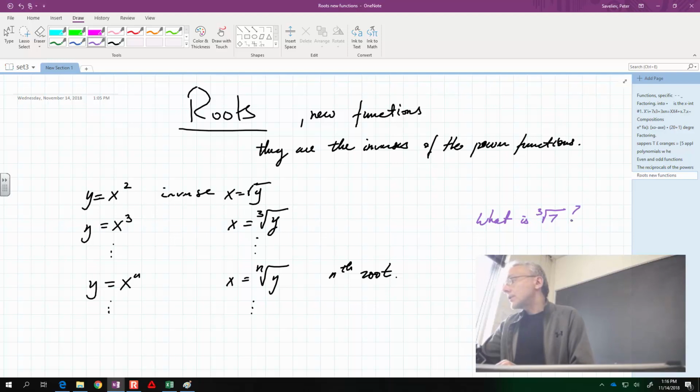The answer is simply the value of the inverse of y equals x cubed at y equals 7. So that's the short answer, which is maybe not very satisfying, but what's behind it is very simple.